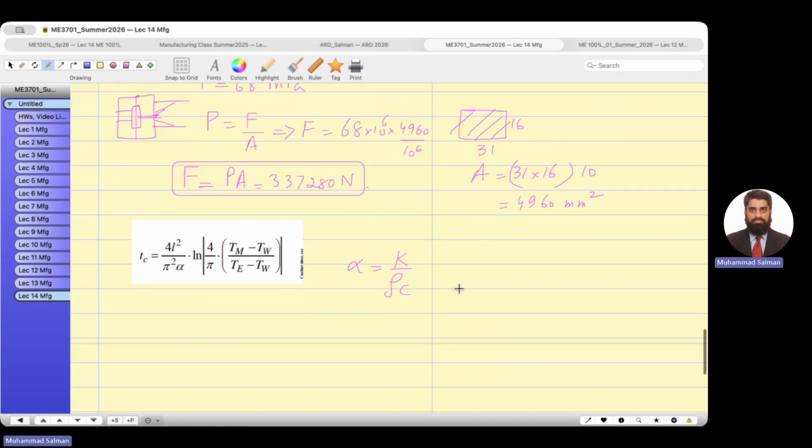I can write down here 0.123, 1040 is the density. That gives 5.63 times 10 to the power -8 meters squared per second. Thermal diffusivity is this value.